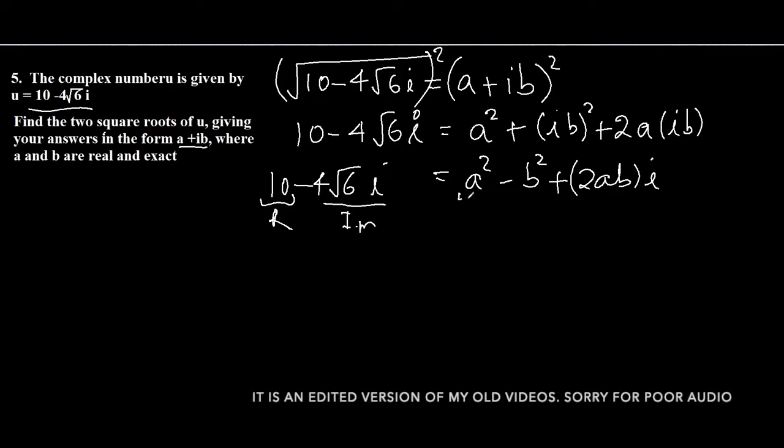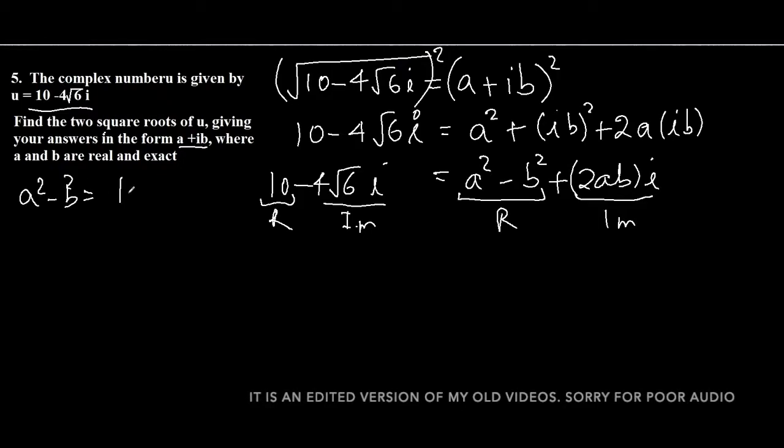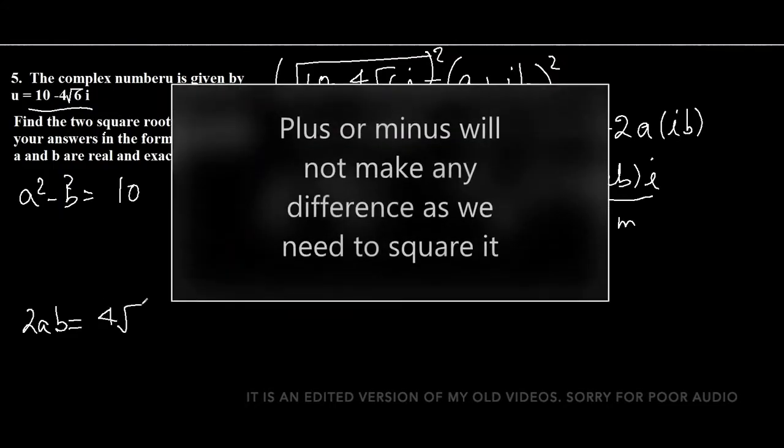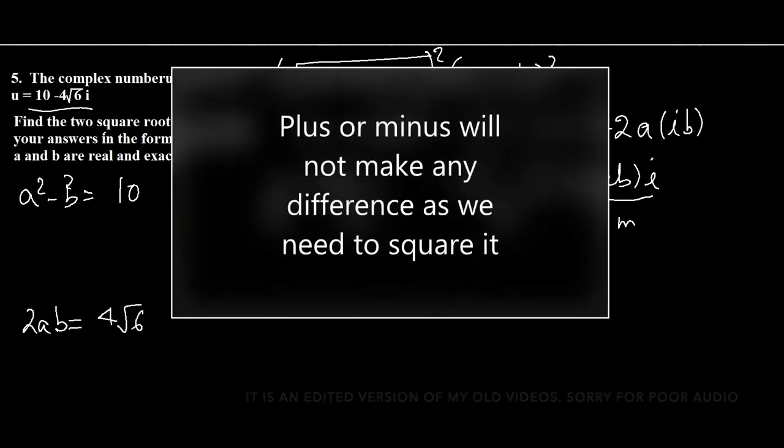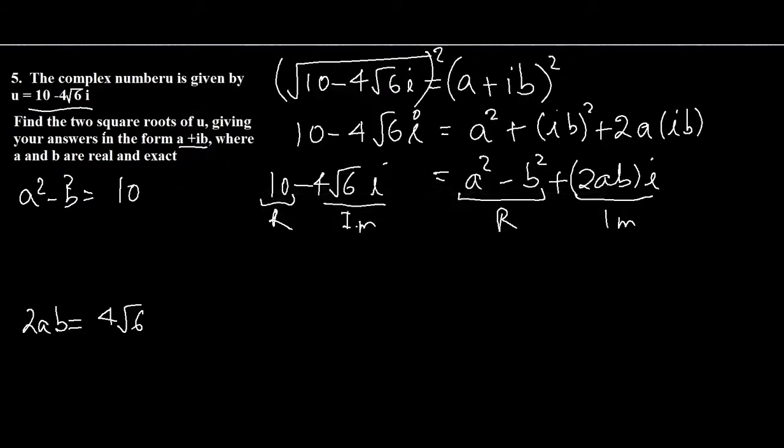So this is also the real part on the right side and this is the imaginary part. That means a square minus b square equals 10, and 2ab, let me write here, 2ab equals 4 square root 6. So these are two simultaneous equations, we can use them.